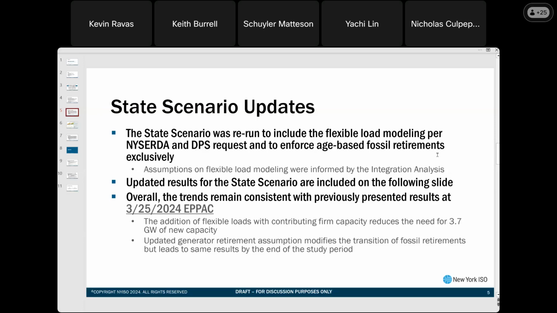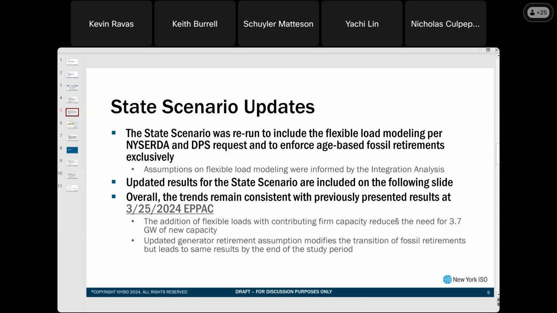So I'm going to jump to the next slide, which has results, but overall, the trends are very consistent with what was presented last time. There's not a huge change, but the addition of flexible loads, and those flexible loads are also contributing like firm capacity, meaning they have value when it comes to like IRM.